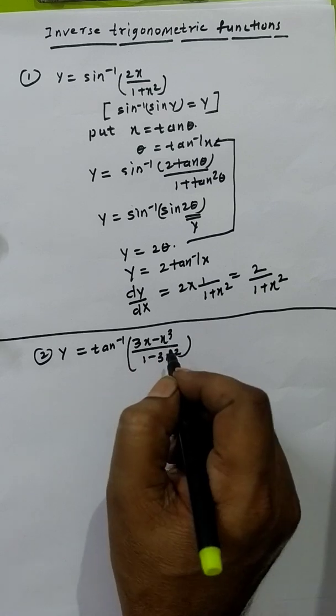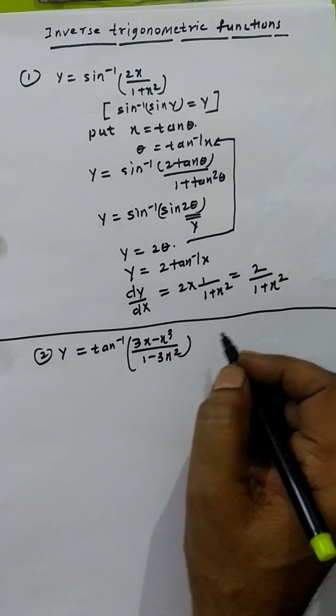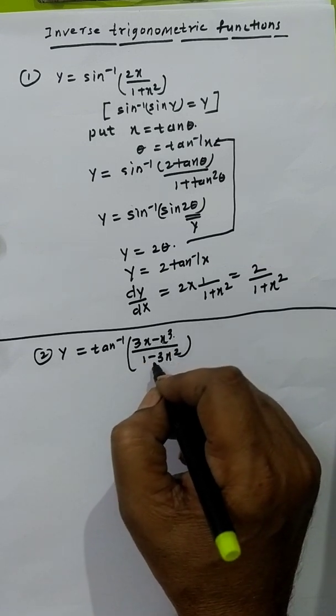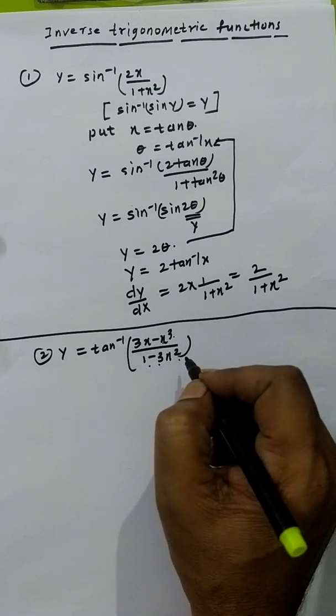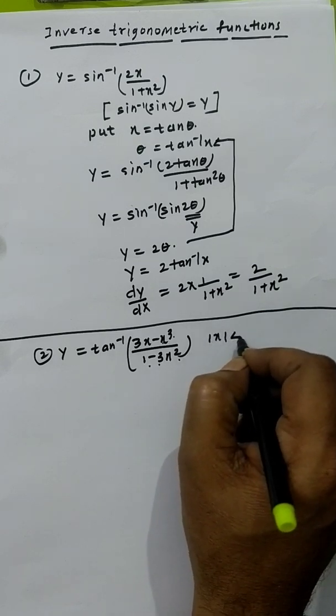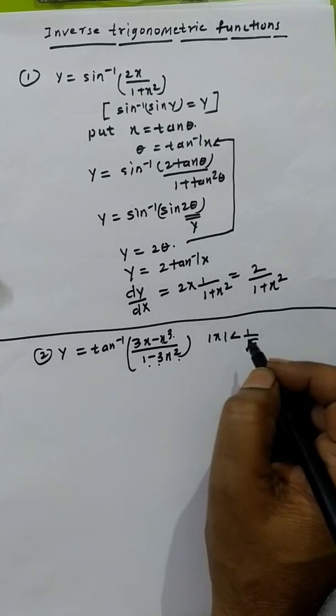Now this 3x minus x cube upon 1 minus 3x square is like 3 tan theta minus tan cube theta divided by 1 minus 3 tan square theta. And here the condition is mod of x is less than 1 by root 3. Under this condition you have to differentiate.